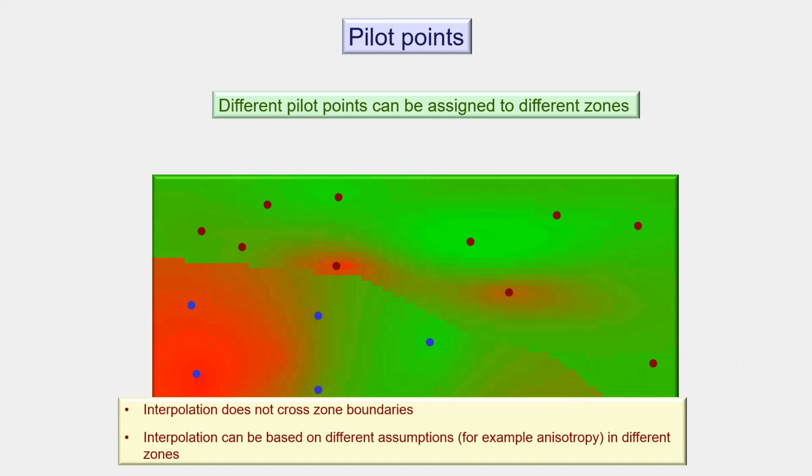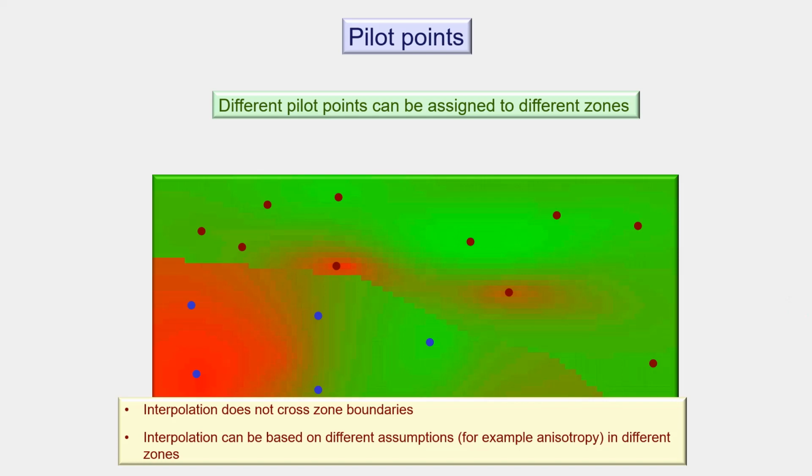Interpolation doesn't cross zone boundaries, so cells in this part of the grid are not informed by pilot points in the other zone if we tell the interpolation process that this is how it's done. Interpolation can take place in different ways in different zones, so they can be completely independent.